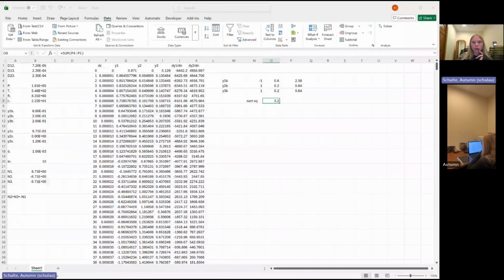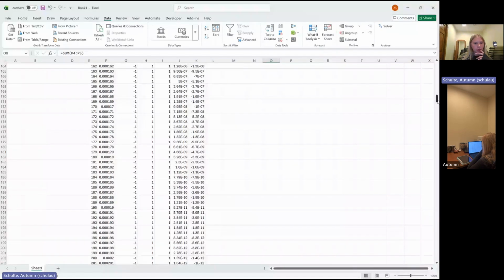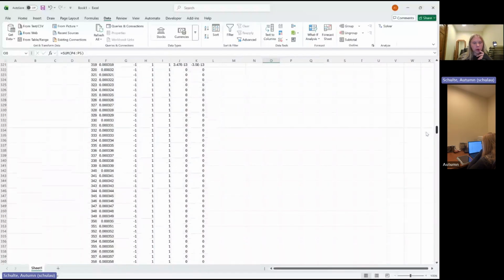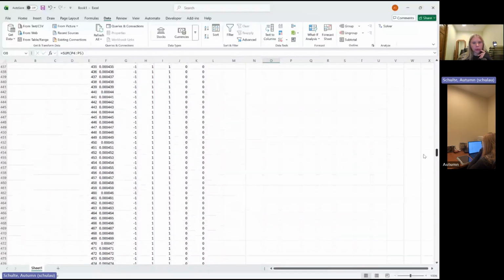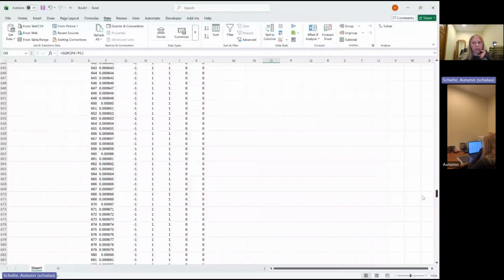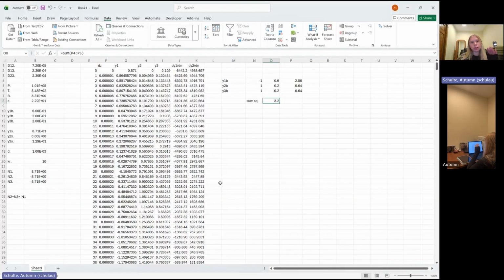So now as I scroll through here, you'll see the further we go along, we're getting values of -1 and 1, and this is pretty common in a diffusion limited reaction. So in a diffusion limited reaction, the reactants aren't reacting fast enough, and the catalytic surface is consuming every bit of the reactants. This means that our reaction rate is too high.